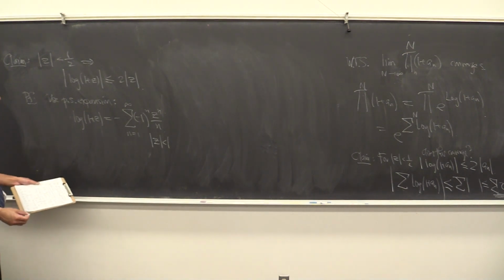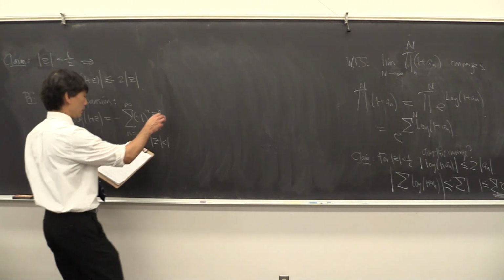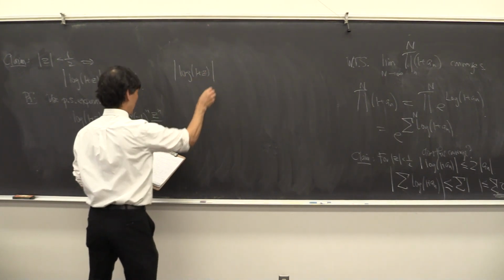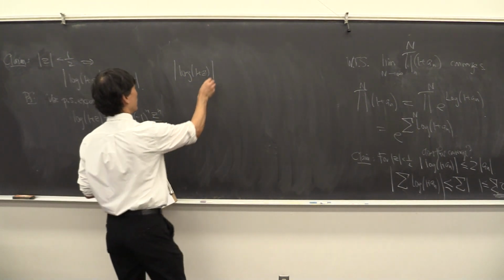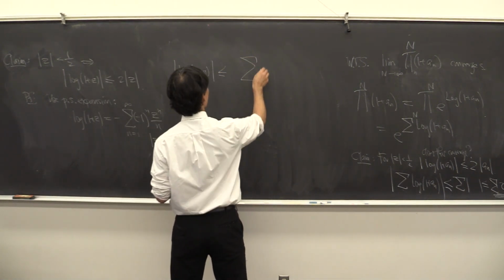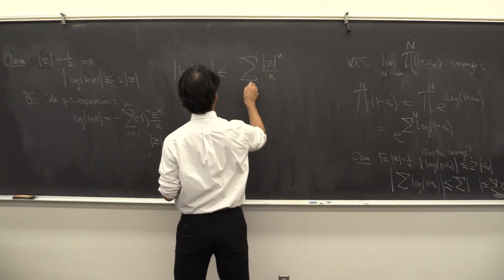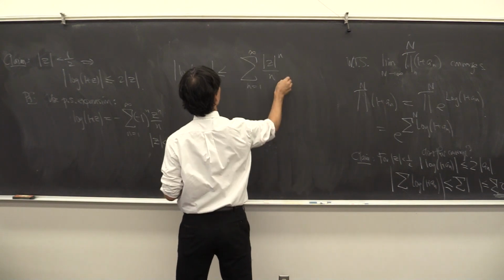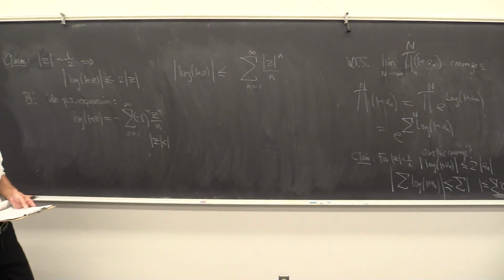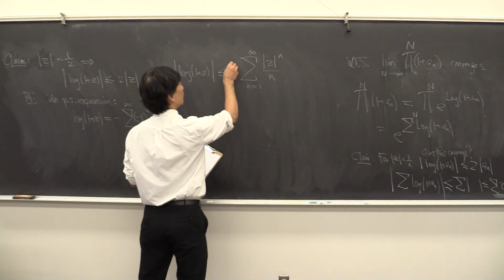Okay, and then we say, well, look, if we take the absolute value of that, that's less than or equal to the sum of the absolute values, right? So we get |z|^n over n from 1 to infinity. I'm going to factor out one of the z's.